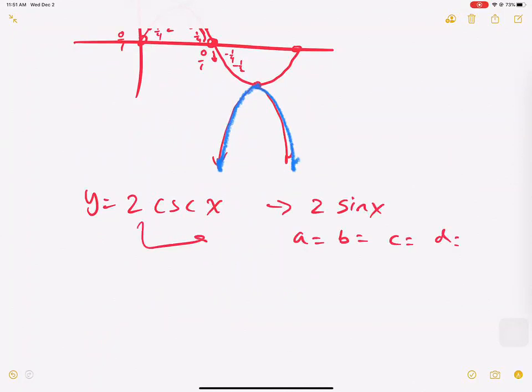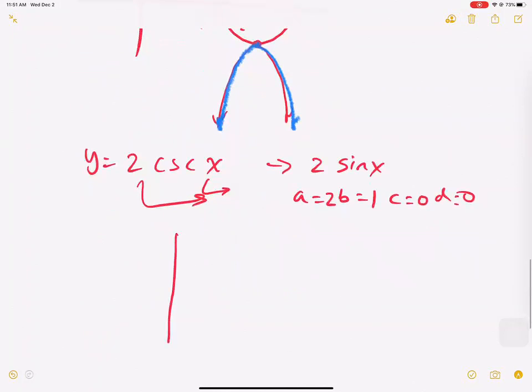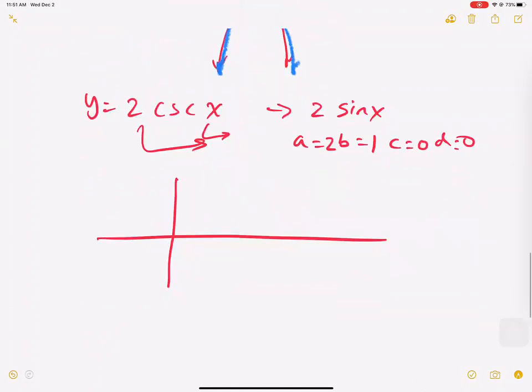A is 2, b is 1, c is 0, d is 0. We graph our framework like we did for a sine graph. D is 0, C is 0. Our b value is 1, so 2 pi over b is 2 pi. Half, half, and half. My a value is 2, up 2, down 2.